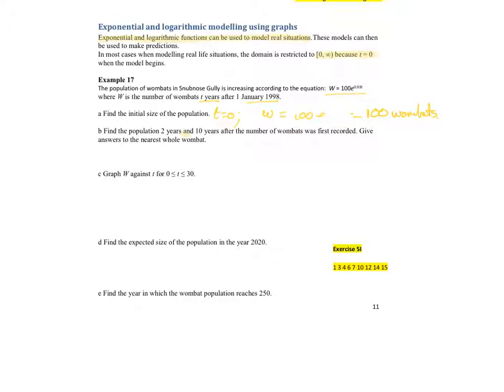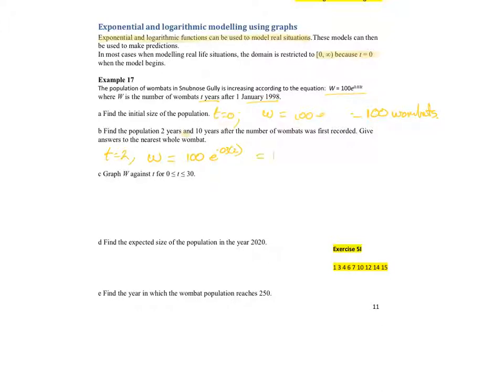Find the population 2 years and 10 years after the wombat population is first recorded. So that's, as it suggests, t equal to 2. W is equal to 100 e to the 0.03 times 2, which will give me 106.1.